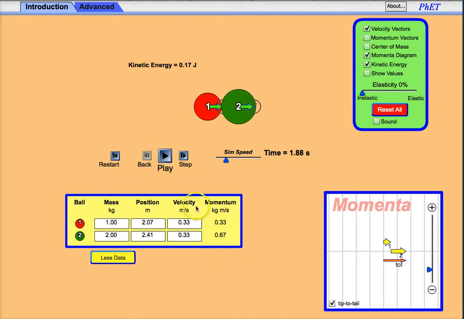Let's first look at velocities. Velocity of ball 1, 0.33. Velocity of ball 2, 0.33. What does this mean? It means that both balls have the same velocity in the same direction. What does that mean? Anybody?